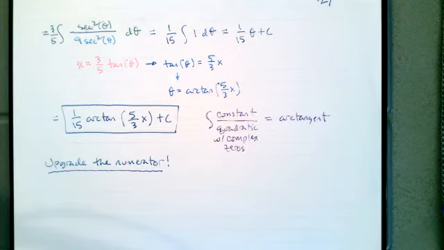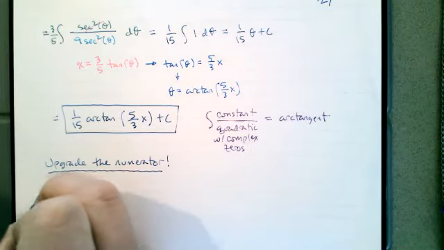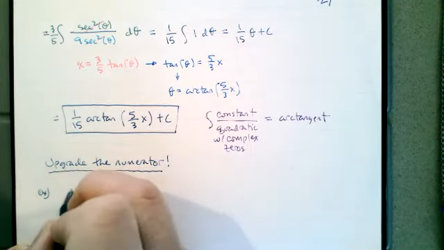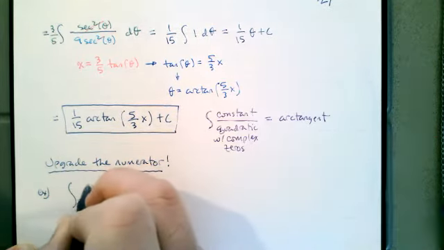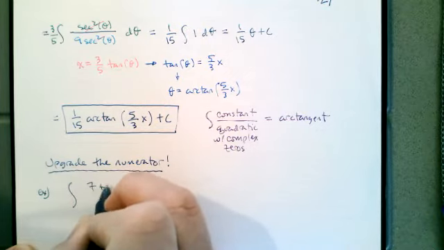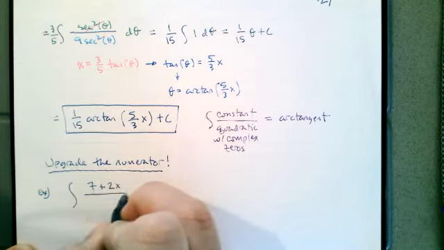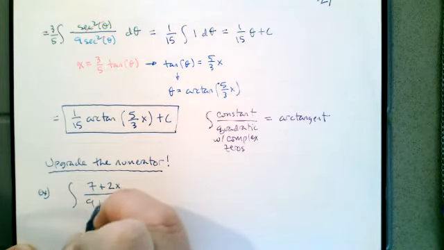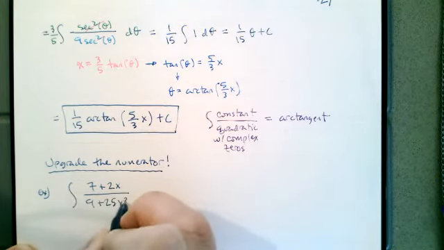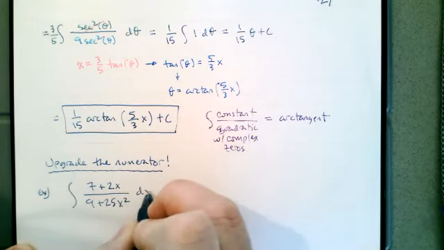I started off with 0 degree over a quadratic with complex zeros. So I'm going to push this up to first degree over a quadratic with complex zeros. Let's suppose that I wanted to integrate 7 plus 2x over 9 plus 25x squared dx.